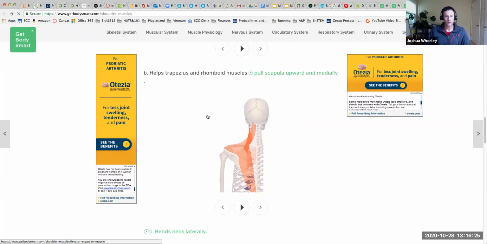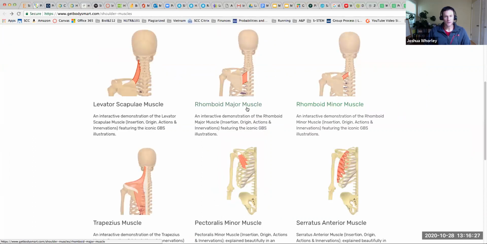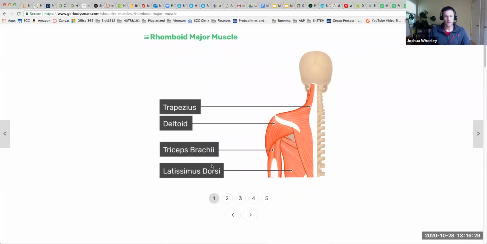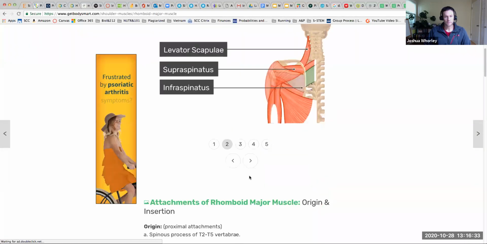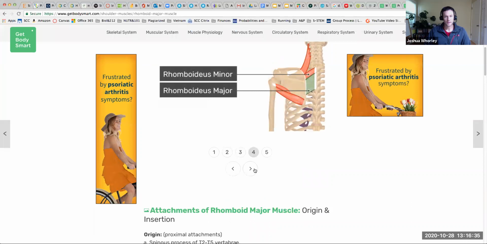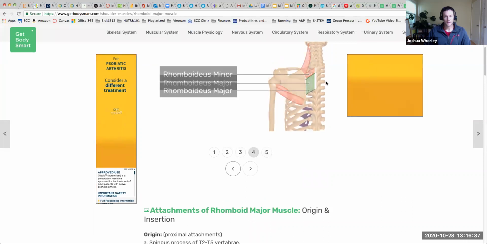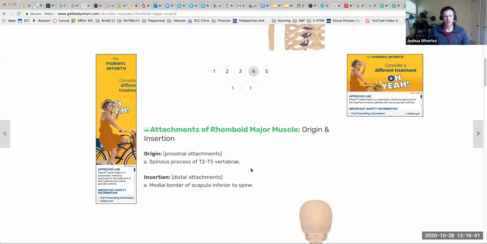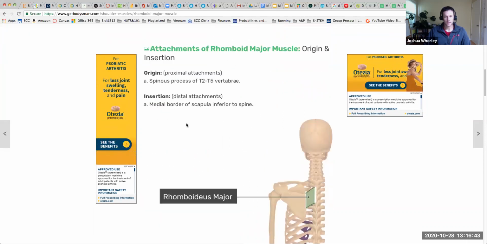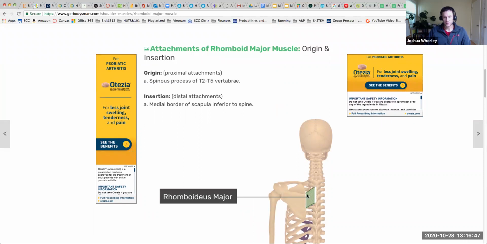Now our rhomboids major and minor. Let's do our rhomboid major here and pull off all these layers. There's our major and our minor. So the spinous processes of the thoracic vertebrae, T2 to T5, that's the rhomboid major, that's its origin.